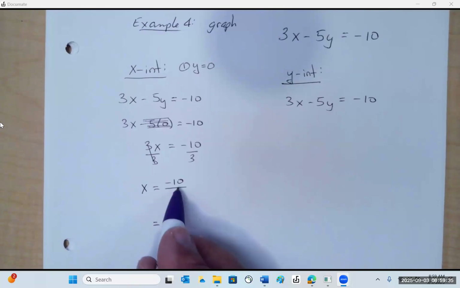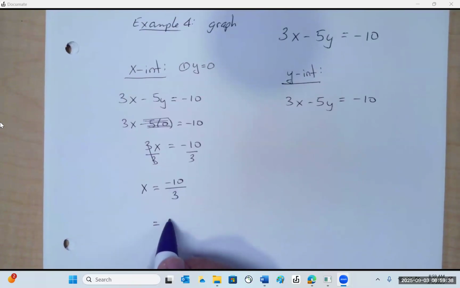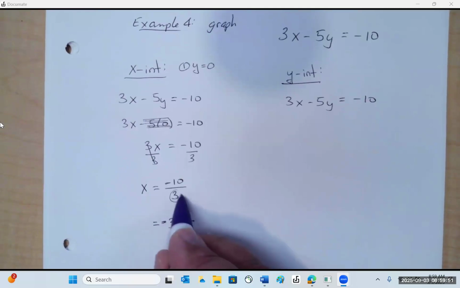So how many times is 3 going into 10? Negative. So with how many left over? 1 left over. And the bottom number always goes down here.